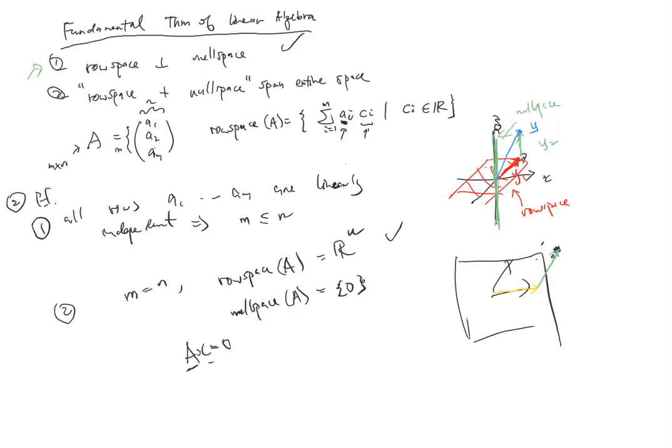But in general, let us consider the more interesting general case, m less than n. So now let me erase this here. My assumption is that all the rows are linearly independent, and m is less than n.